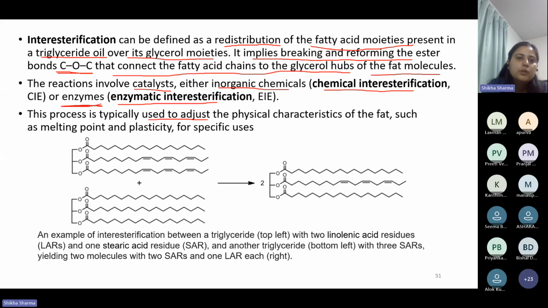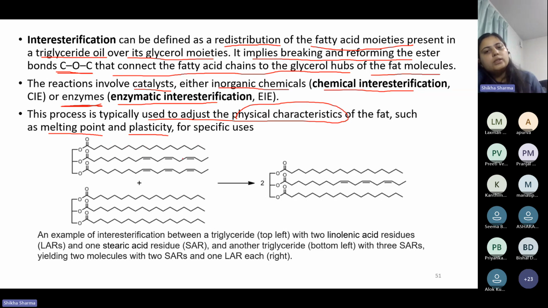This process is typically used to adjust the physical characteristics of the oil or fat. We modify the fat using interesterification to change its melting point or its plasticity or any other physical characteristic as per our desired requirement.